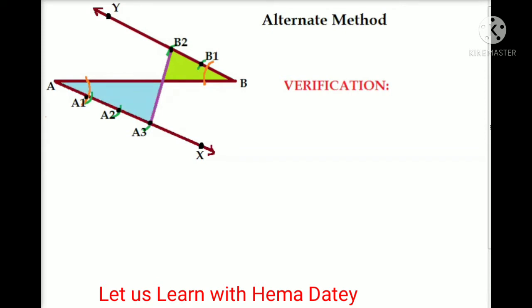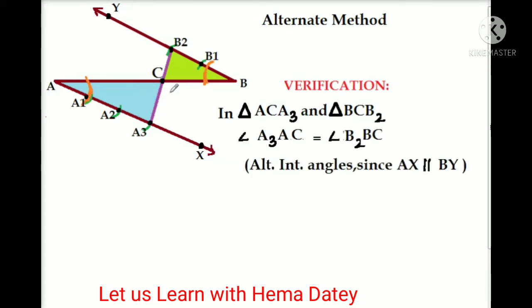In triangle ACA3 and triangle BCB2, angle A3AC is equal to angle B2BC. We had constructed these both angles equal.